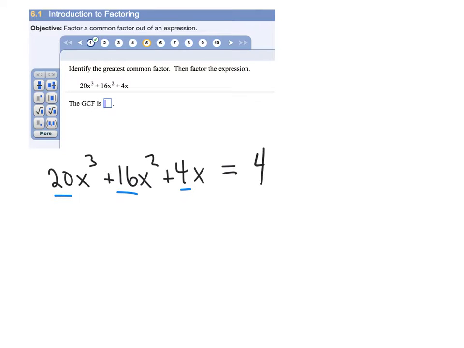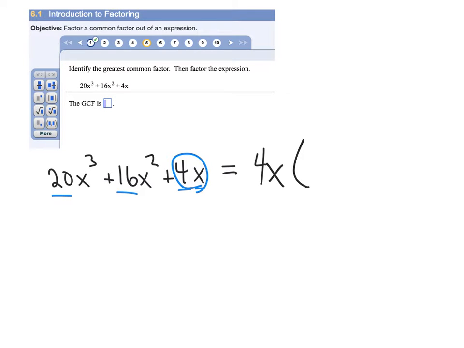All right? And then I can see that in terms of the variables, this has an x, this has xx, and this has xxx. So the only thing in common in all 3 terms is an x.